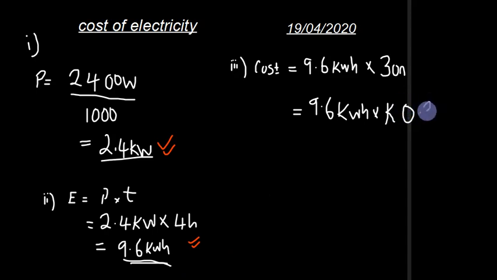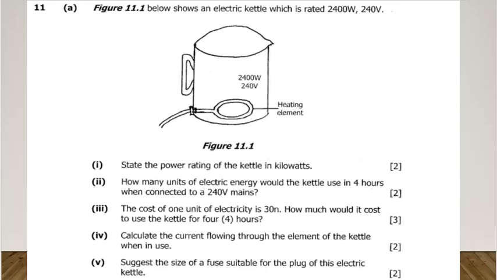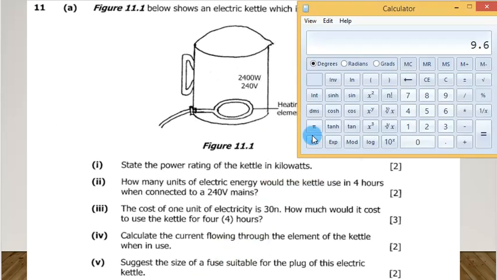It would have been a disaster. So this is equal to 9.6 multiplied by 0.3. So we go to our calculator. We have 9.6 already there. We simply multiply it by 0.3, and it gives us 2.88. That is kwacha.